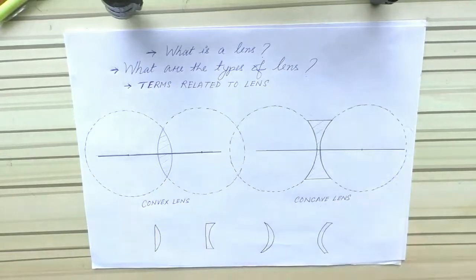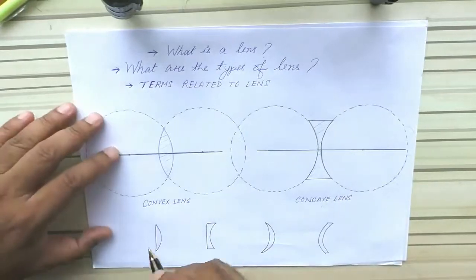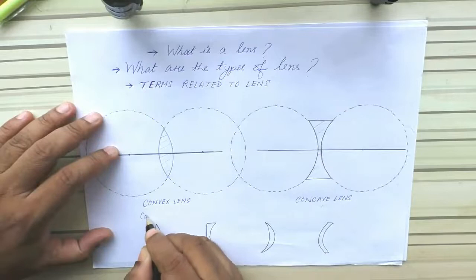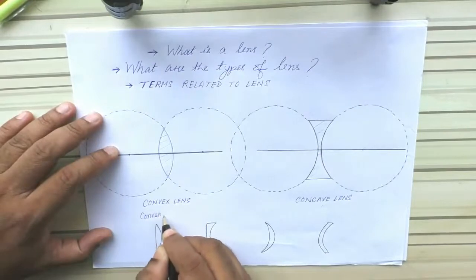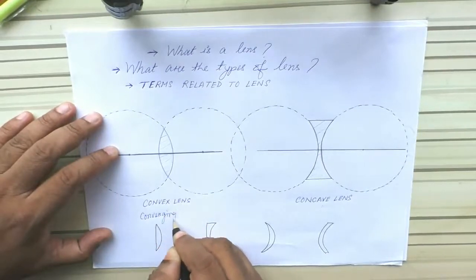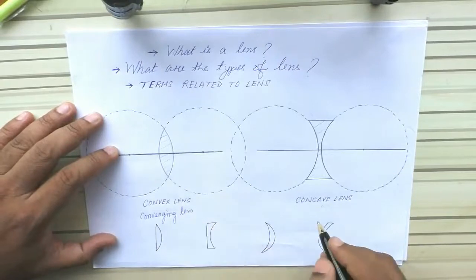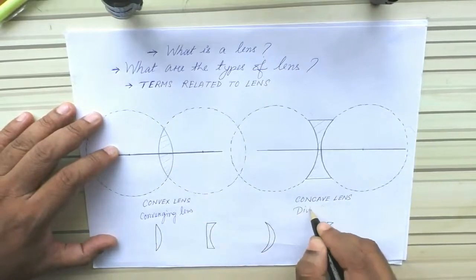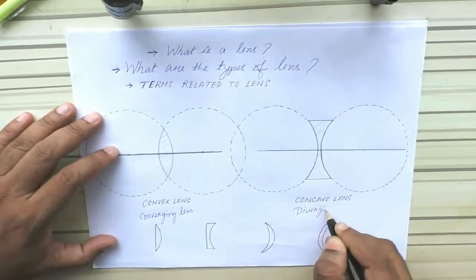Now, convex lens is also called converging lens, and concave lens is also called diverging lens.